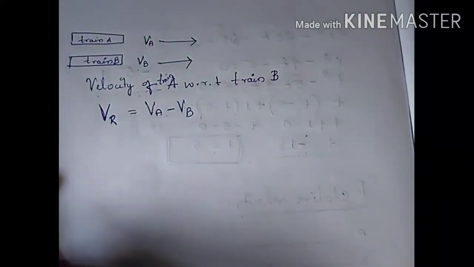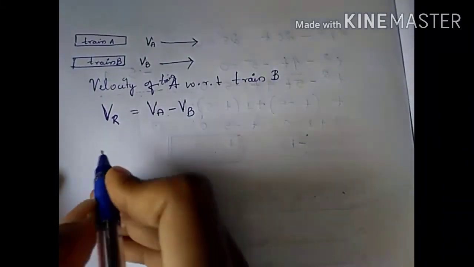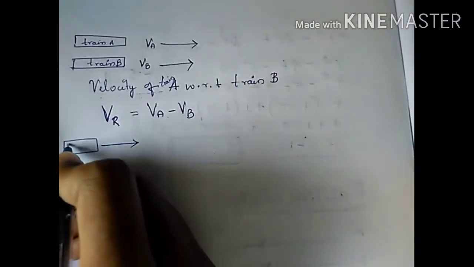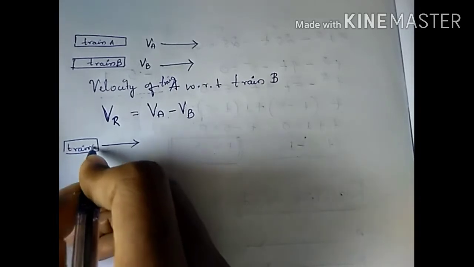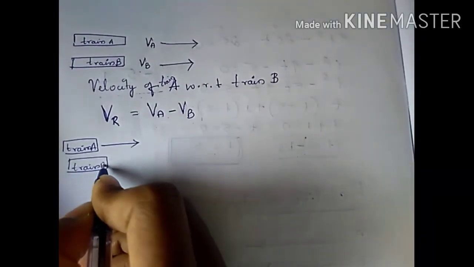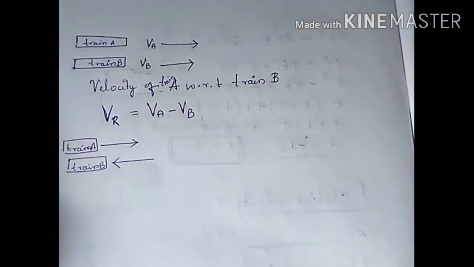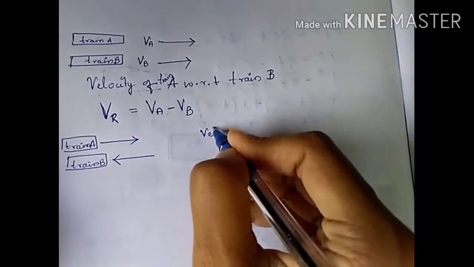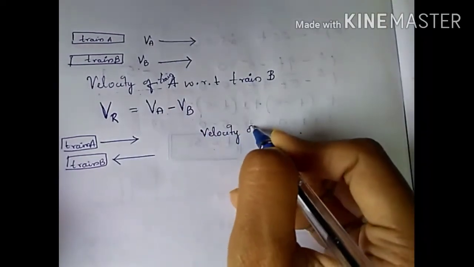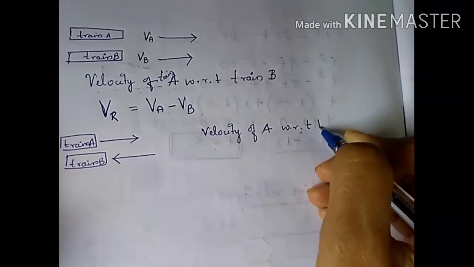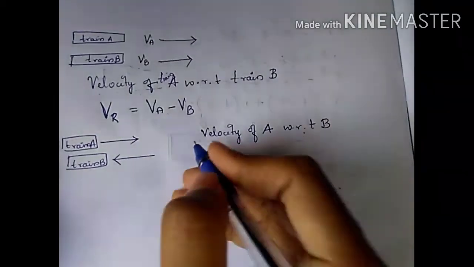Now if these two trains are moving in opposite directions, train A and train B, what will happen to the velocity of A with respect to the velocity of B?